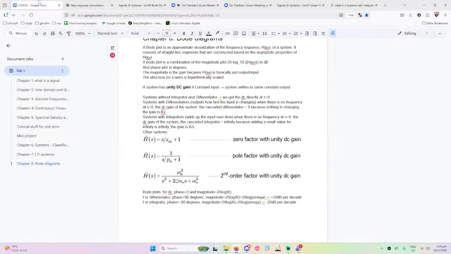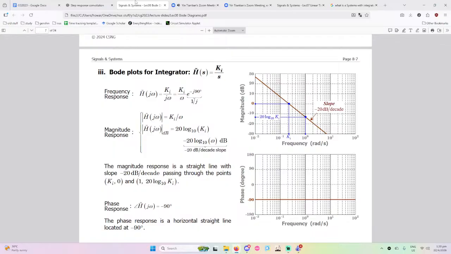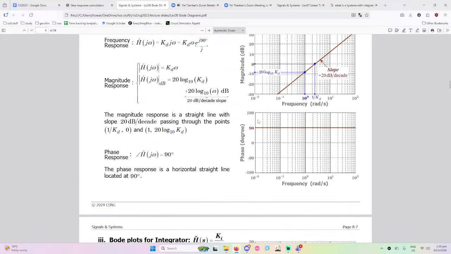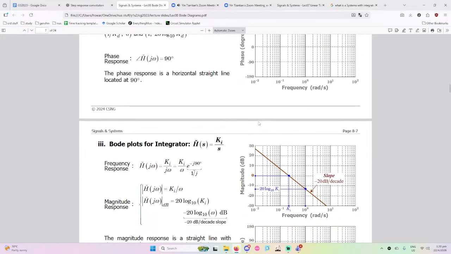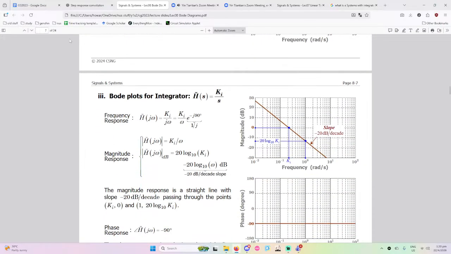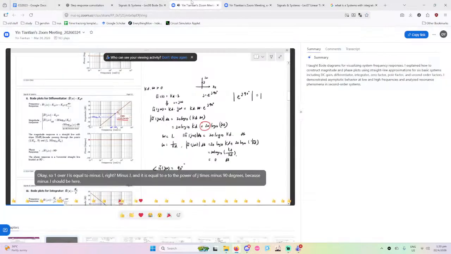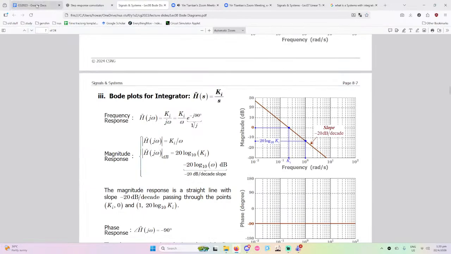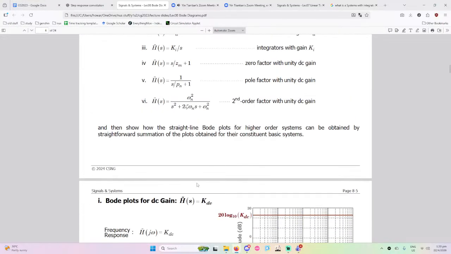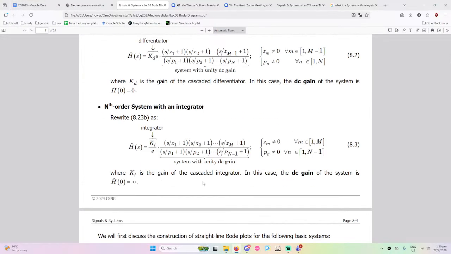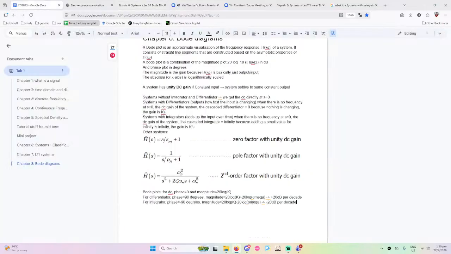Therefore, the frequency response H tilde j omega will be equal to ki divided by j omega. Okay. So 1 over j is equal to minus j, right? And minus j is equal to e to the power of j times minus 90 degrees. So it is e to the power of minus j 90 degrees.